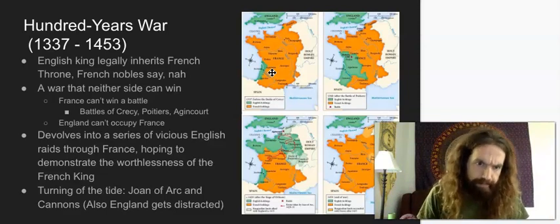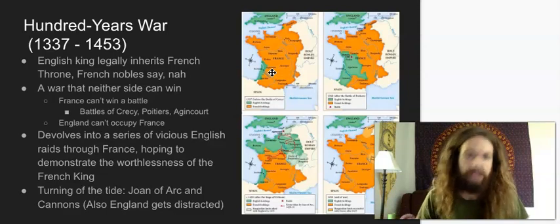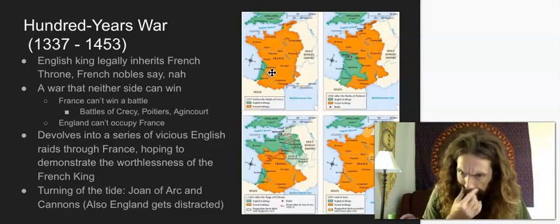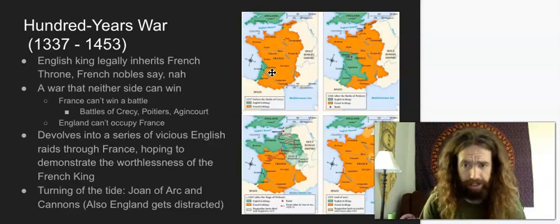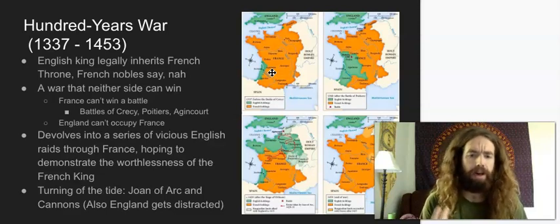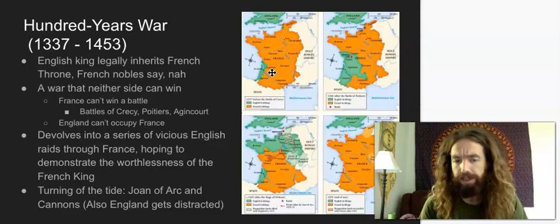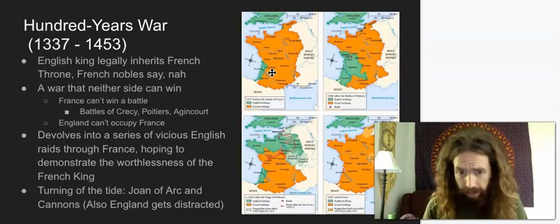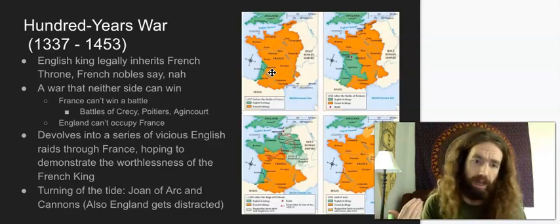The end of the war is fun and kind of mythologized. There's a girl, I think she's like 12 or something, who is seeing religious visions. Her name is Joan d'Arc.